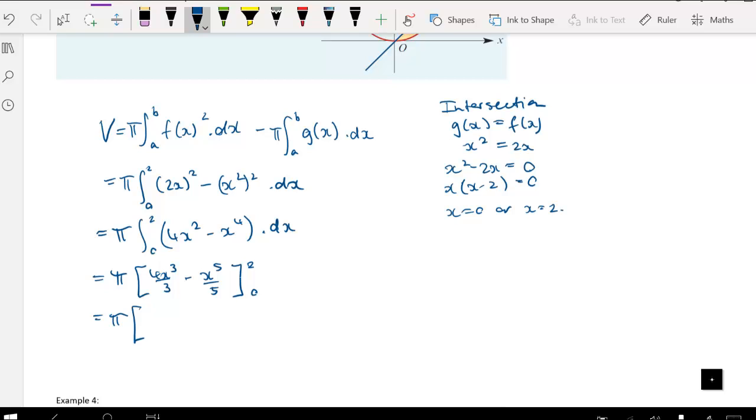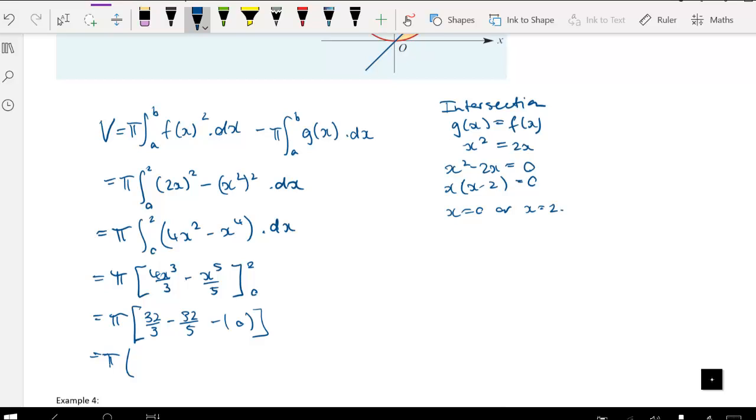And so that means we have 4 multiplied by 8, which is 32 on 3. We have 32 on 5, and we'll subtract 0. 0 to the power of 3, 0 to the 5 are both 0. We end up with pi multiplied by, now if we get a common denominator here, it will have to be 15.